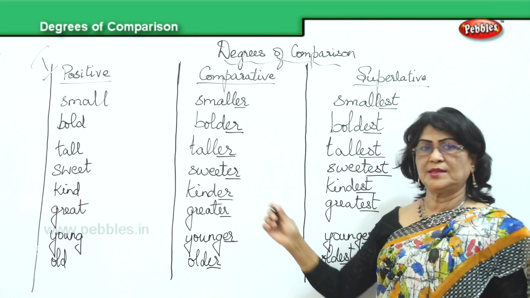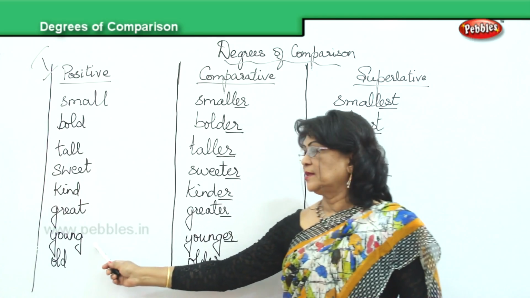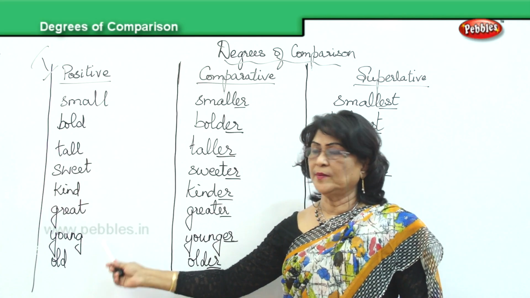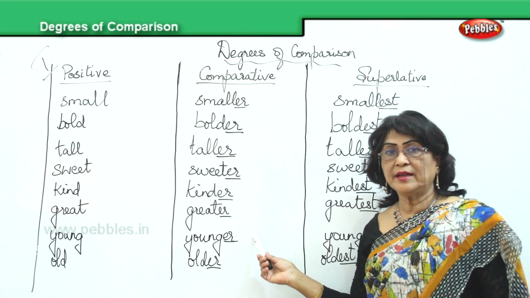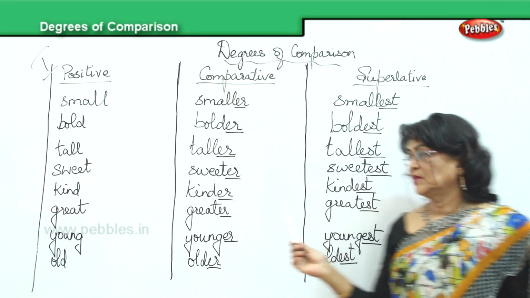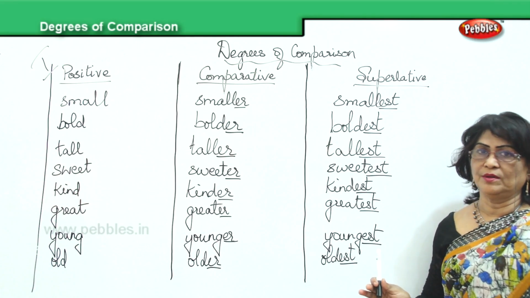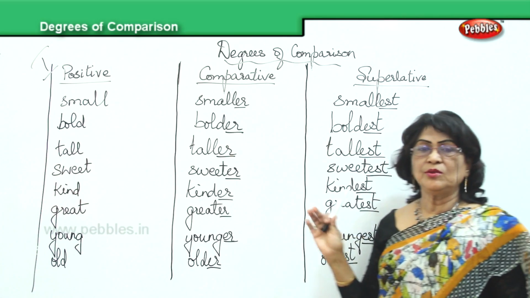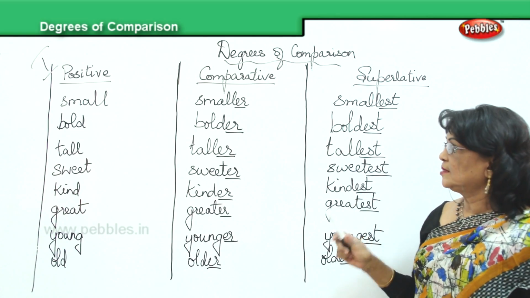Okay, now do you understand how it is used? We will say this. He is a young boy. His sister is younger than him. His little brother is the youngest of all. Okay, now do you understand how we use these degrees of comparison in sentences?